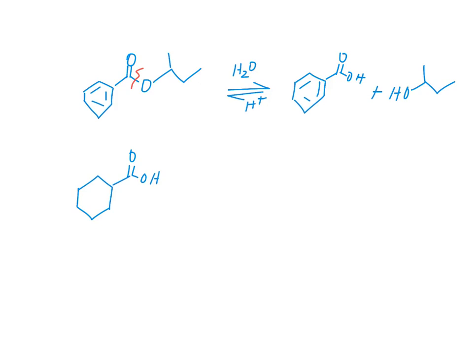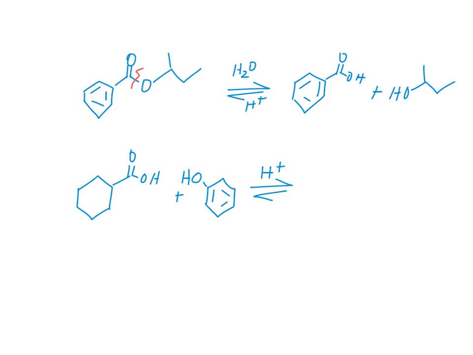So we start with this acid and we want to form an ester. Let's say we're going to react this with phenol, and we're going to add some acid into this. The mechanism is just the same.